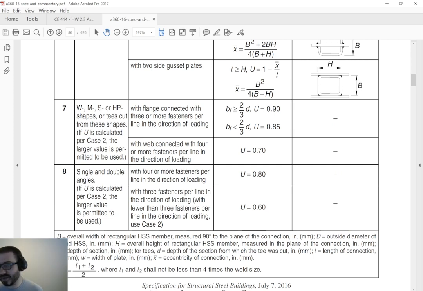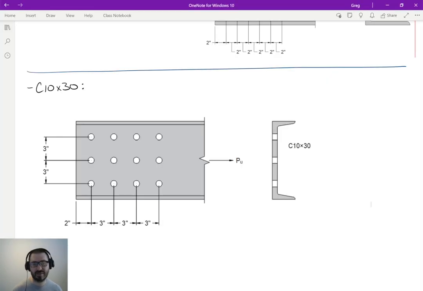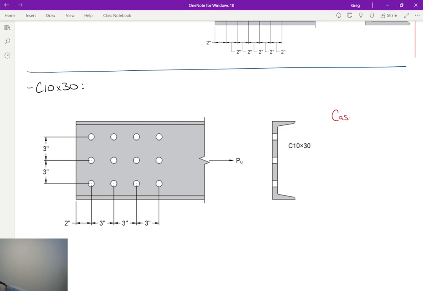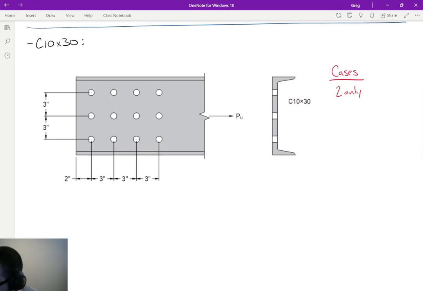No. So the only case we have to worry about for this member is case 2. What you're going to find with tension members more often than not is it's either case 2 or case 2 and something else. So we'll say case 2 only.